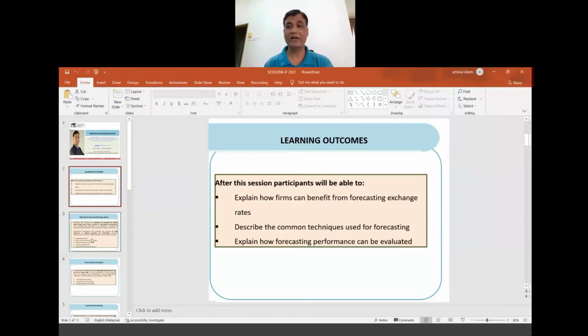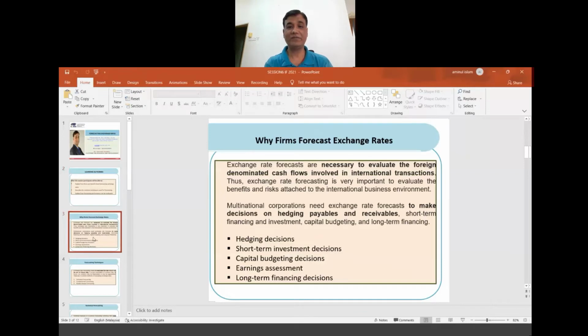Okay, why do firms use forecasting of exchange rates? Basically, exchange rate forecasts are necessary to evaluate the foreign denominated cash flows involved in international transactions, right? So when a firm gets involved in international business, it gets exposed to foreign currencies.